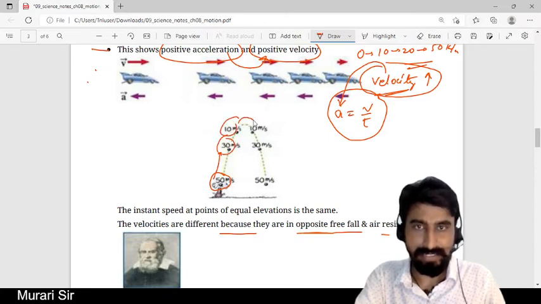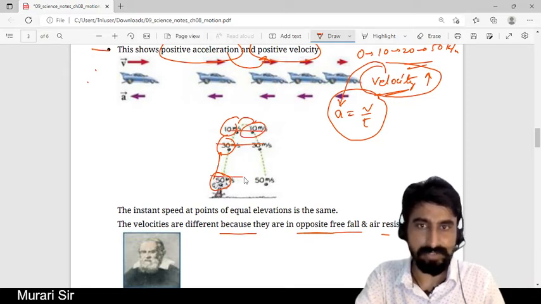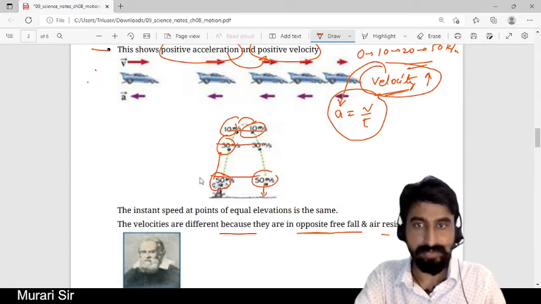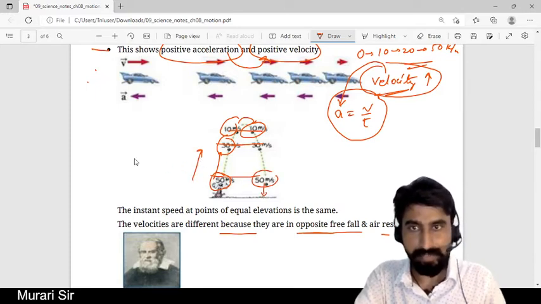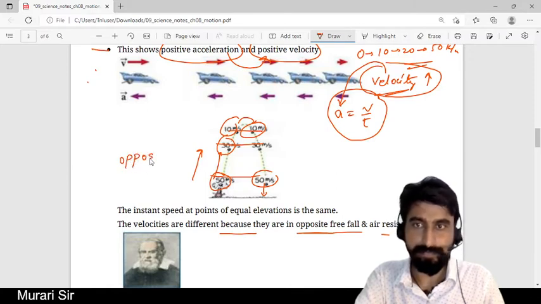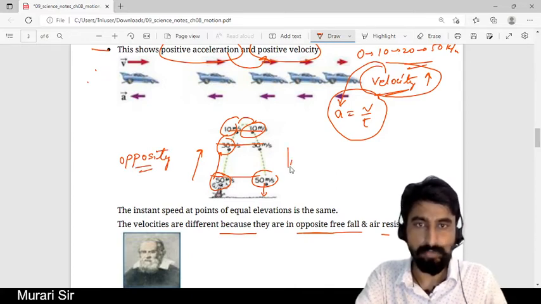Its speed is again coming to the same value at the same height: same height, same speed. First, it is moving upward. That means it is moving opposite to the gravity. Now it is moving in favor of the gravity.